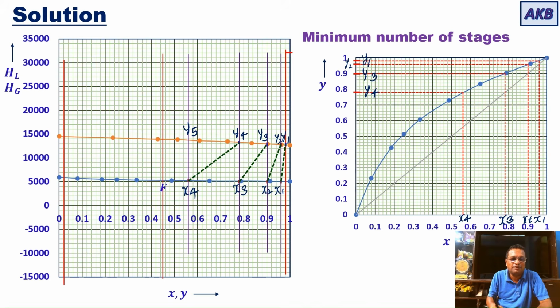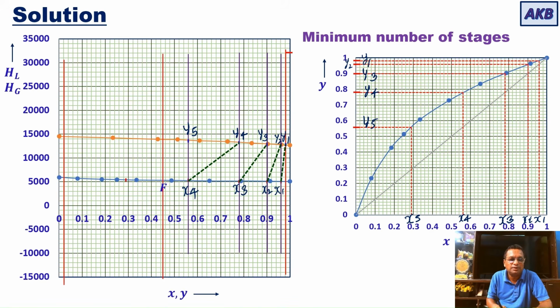So in this case, y5 is equal to x4, that is 0.56. So locate 0.56. Before that, x4 and y4, they will be connected with a tie line. Then locate y5, get the corresponding equilibrium value of x, let us call it x5, which in this case is 0.29.